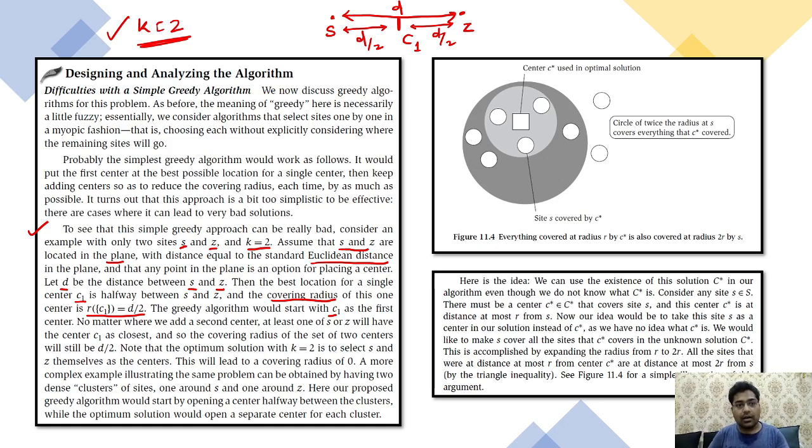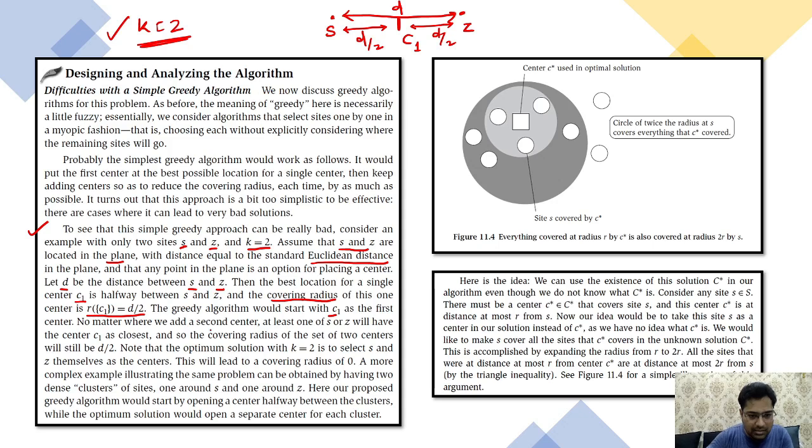If K is 1, we will be happy with it. No. If K is 2, you have to set up two malls. So what exactly does greedy do? Greedy just gives you the better solution with C1 in the middle.